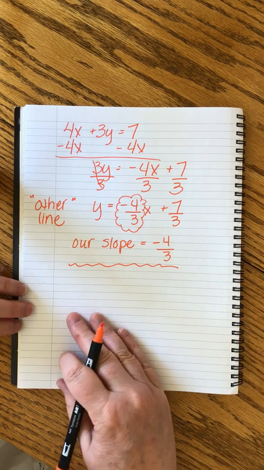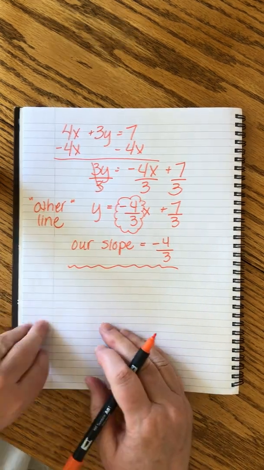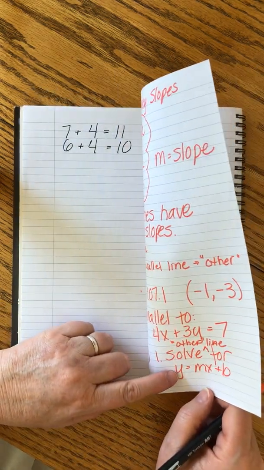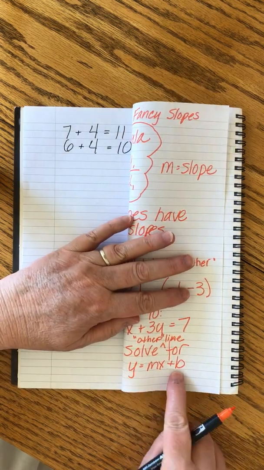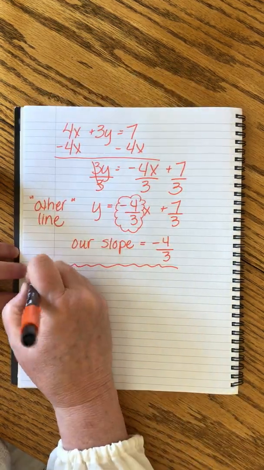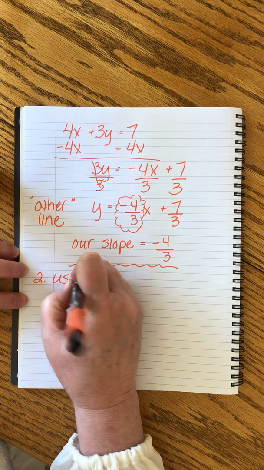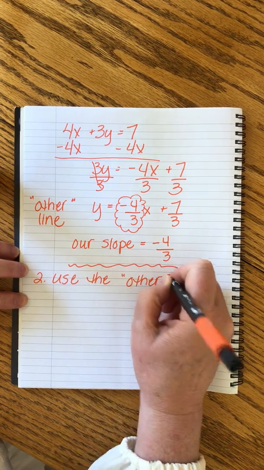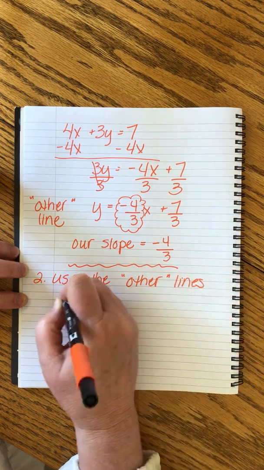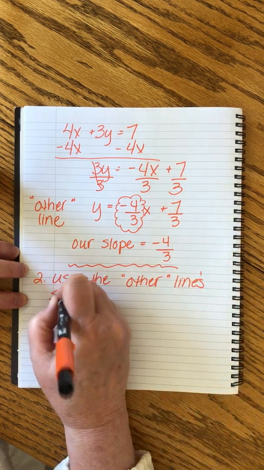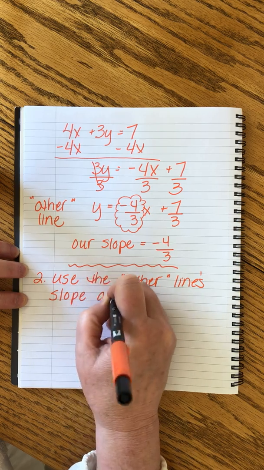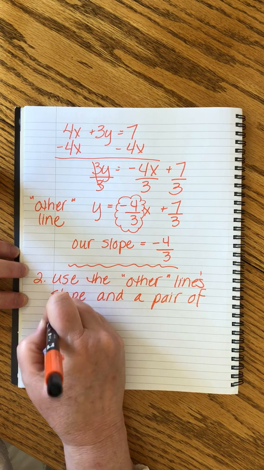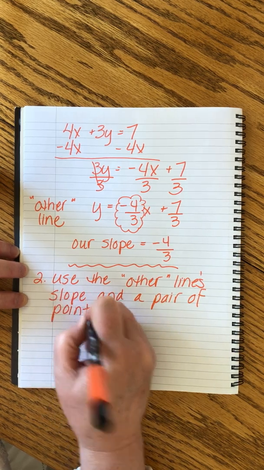Okay, so the next step, the first step was to solve the other line for y equals mx plus b, right? The second step, sorry, lots of words.